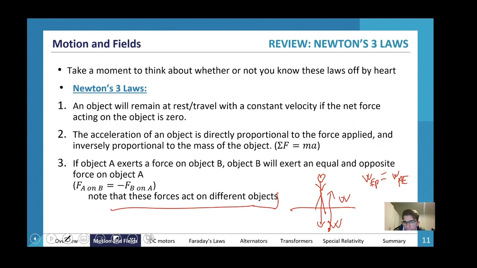So there are three characteristics that action-reaction forces need to satisfy. One of them, they need to be equal in size. The other one is opposite direction.